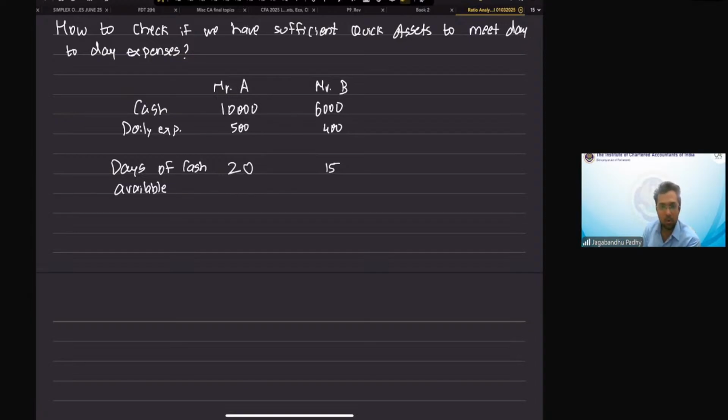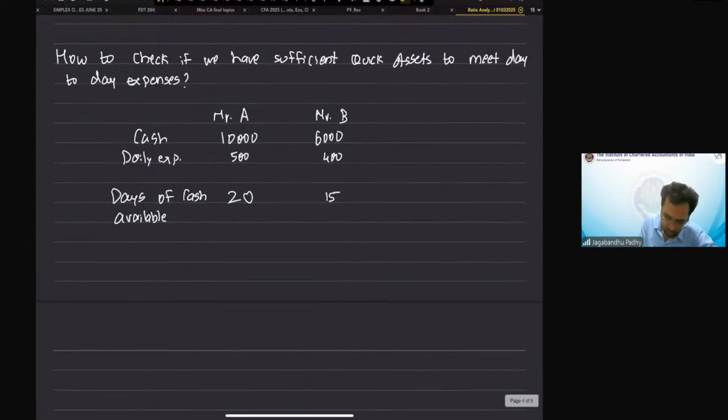I mean, which one has more buffer days? Of course, it's Mr. A, right? So the more days of cash you have, the better is your situation, or the better is your liquidity, right?